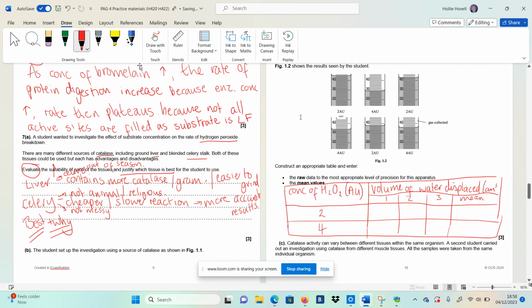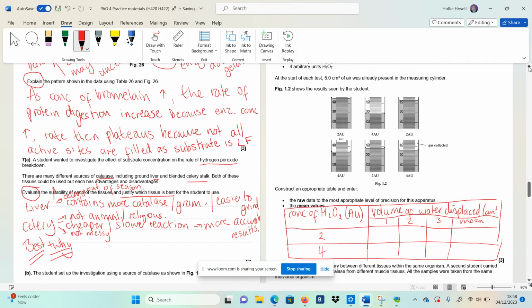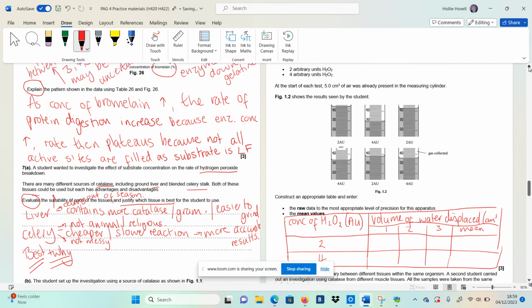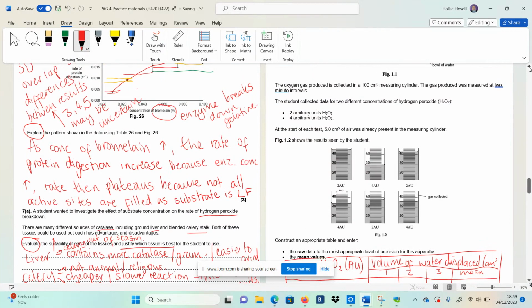It started at 5, did it say? 5% of air was already present in the measuring cylinder, and they were 100 centimetre cube measuring cylinders. So these measuring cylinders aren't the kind that have the scale upside down. So you've got to imagine that this goes up, and it started at 100, yeah, and then it started with already 5 of air, so it started at 95.